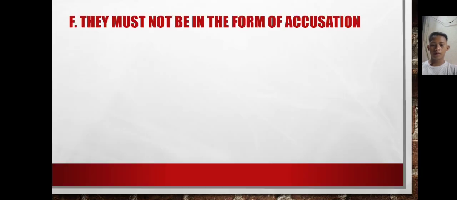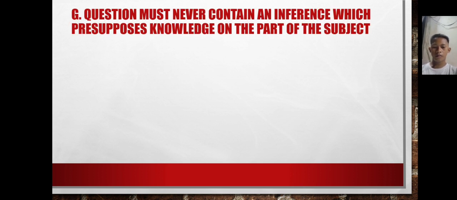The rules to be followed in the formulation of questions. F. They must not be in the form of accusation, for example, a claim by a witness or someone. G. Questions must never contain an inference which presupposes knowledge on the part of the subject.